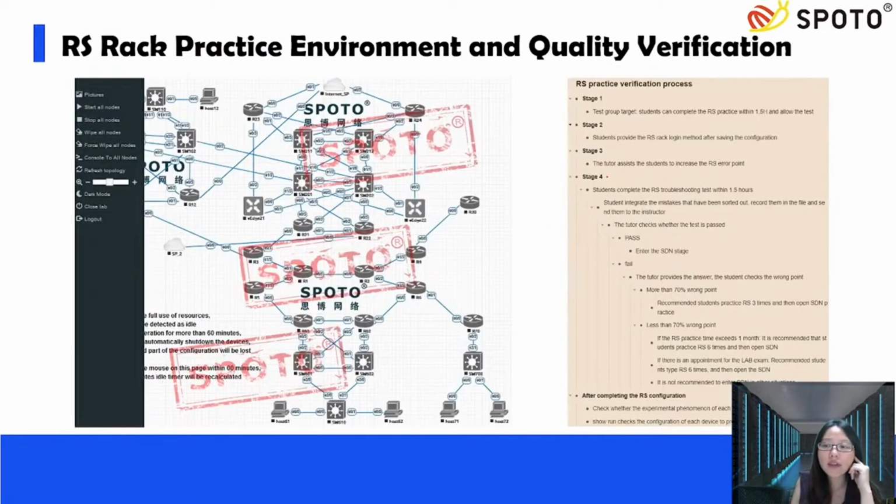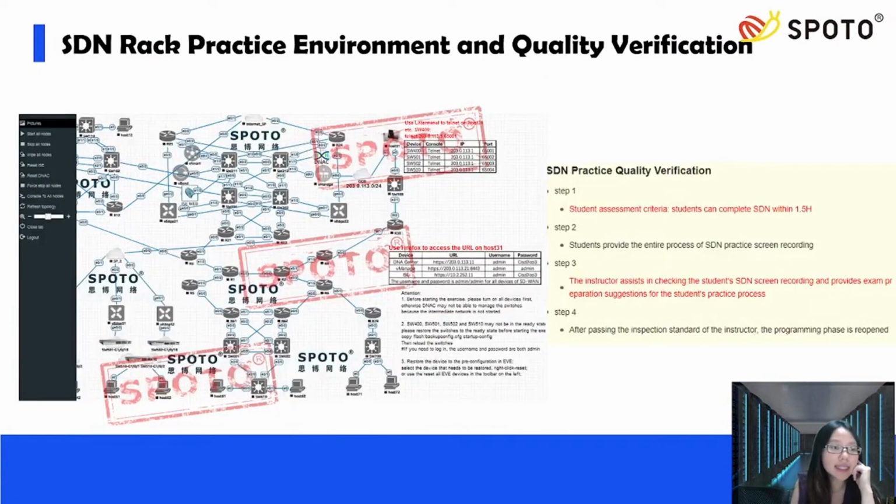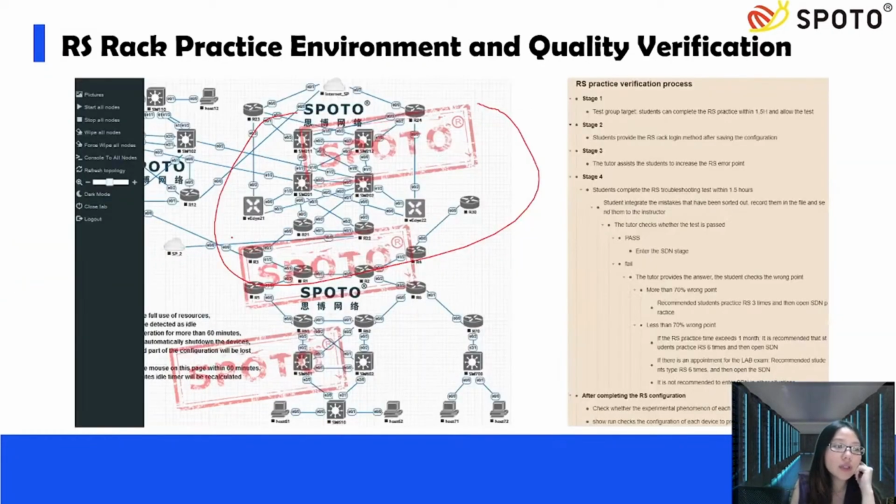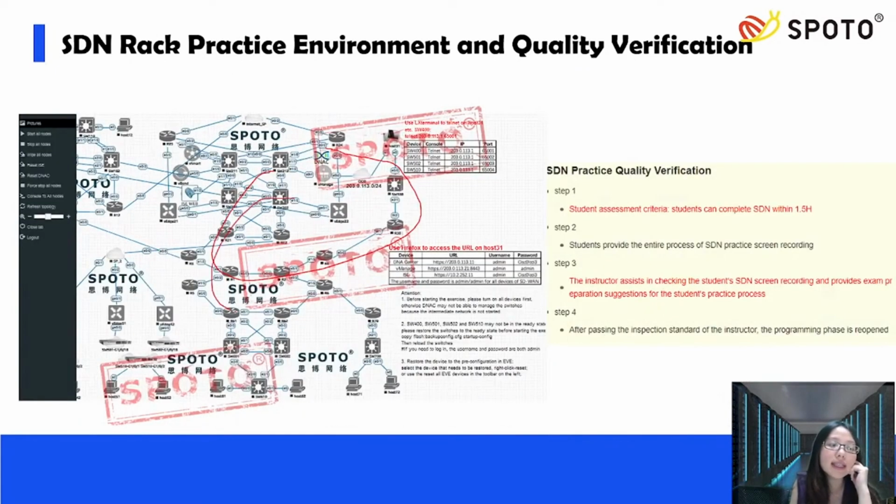Our practice environment will separate routing, switching, and SDN programming, and finally we'll have this fusion experiment. What you see is the routing, switching, and the SDN programming.